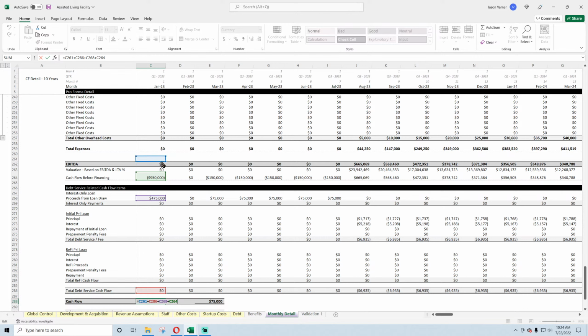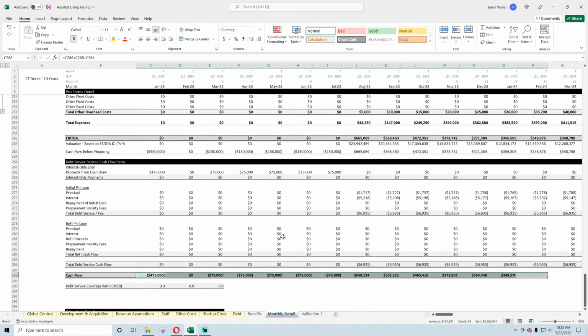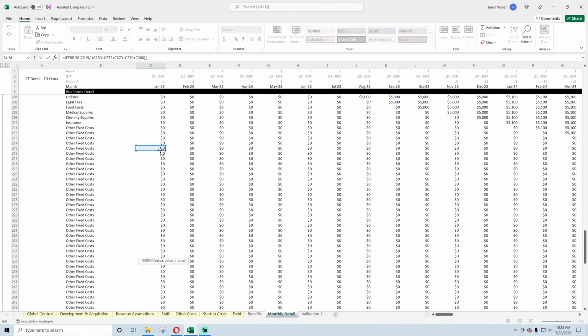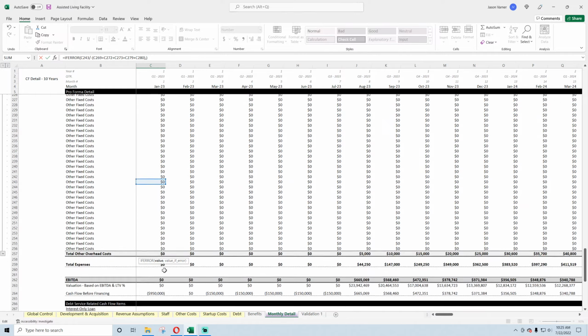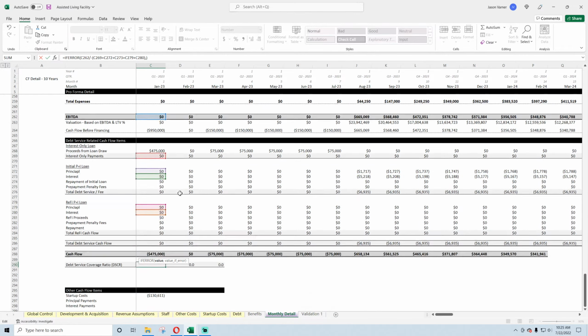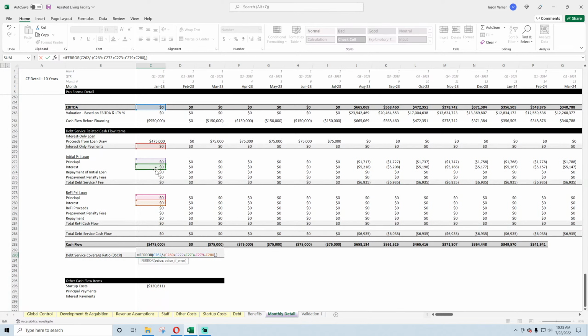So we don't need to add this one, because this is already including EBITDA. So here, if we scroll over, now debt service coverage is going to be operating income EBITDA divided by all of your debt service: principal and interest here, interest only, principal and interest on the refi.